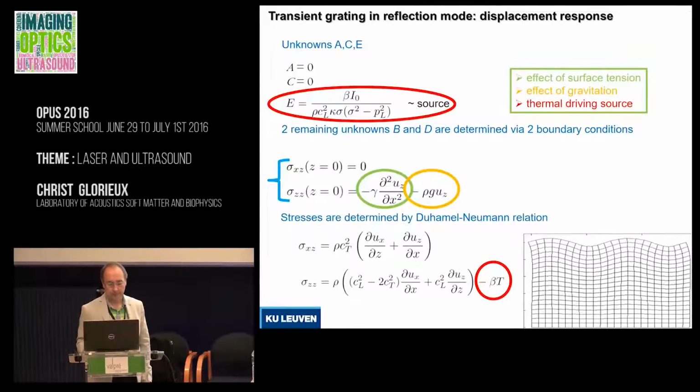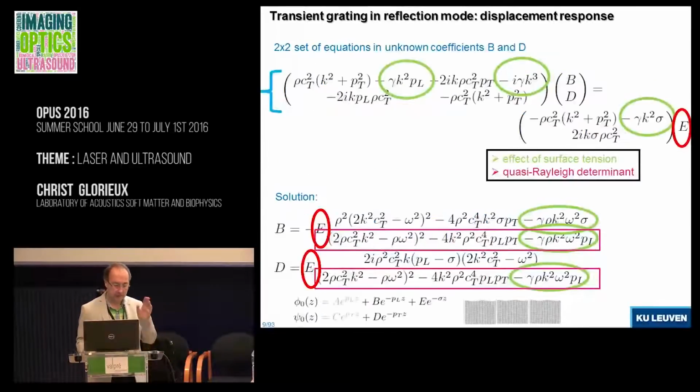Those are important. Then you get some complicated equations. So in the end, you get a set of equations, as you see here, which contain all these material parameters. If you have a source, then you have here the source. If you have no source, there's a 0 here. And you have to look for so-called eigenmodes of this equation, which actually means you have to look for zeros of this determinant.